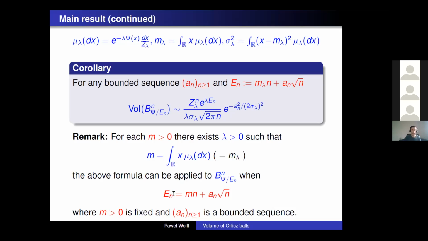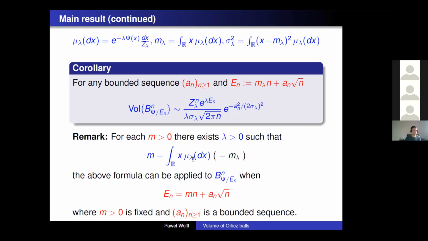And okay, sorry, psi missing again. And then it turns out that there exists lambda for which this m is the mean of psi of x with respect to this measure mu lambda.